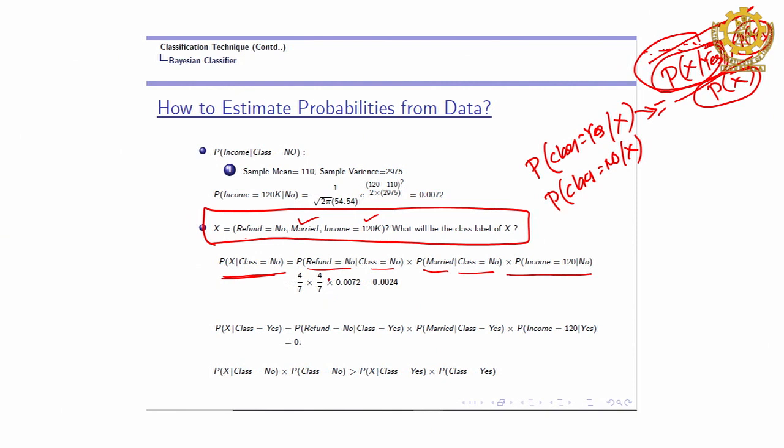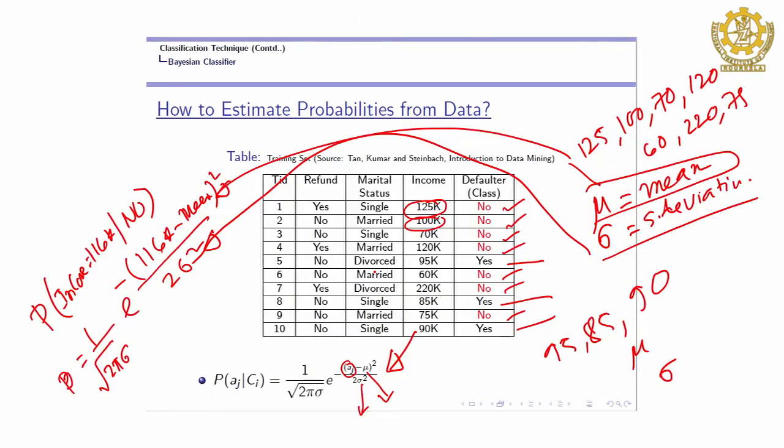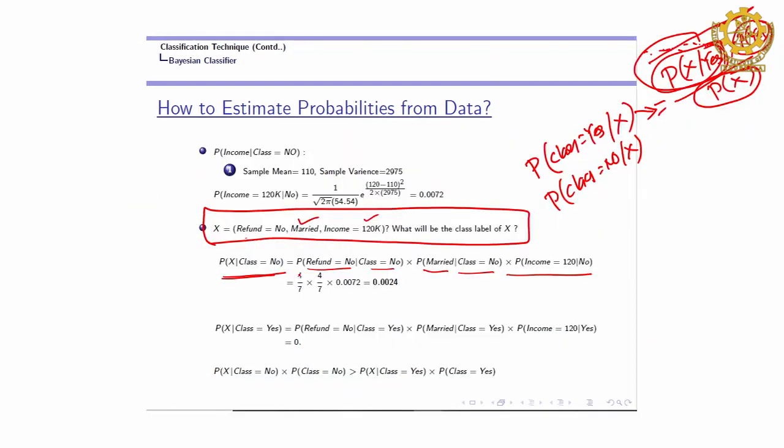Now you compute the individual values. What is the probability of refund no given class no?